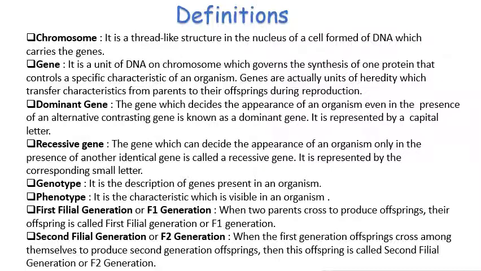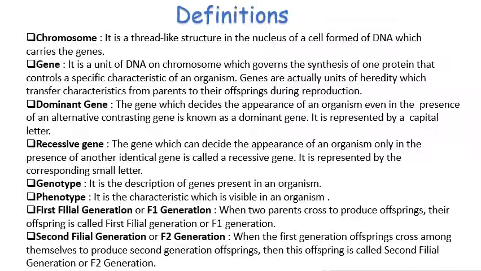Now, genes are dominant genes and recessive genes. A dominant gene is the gene which decides the appearance of an organism even in the presence of an alternative contrasting gene. It is represented by capital letters. A recessive gene is the gene which can decide the appearance of an organism only in the presence of another identical gene. It is represented by small letters.